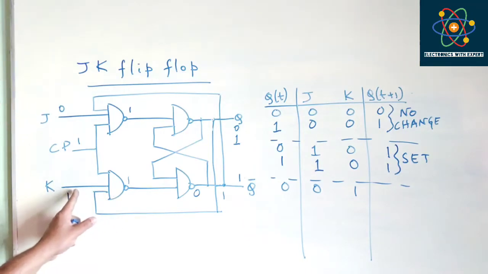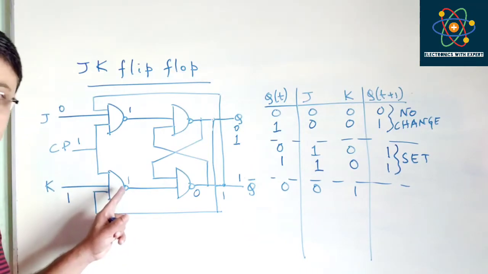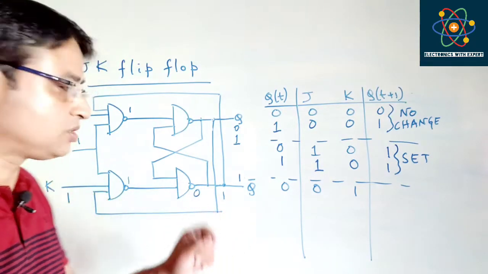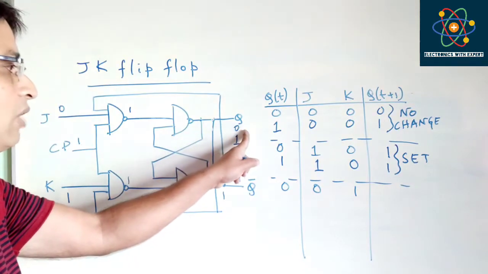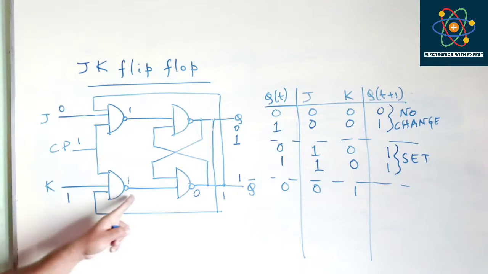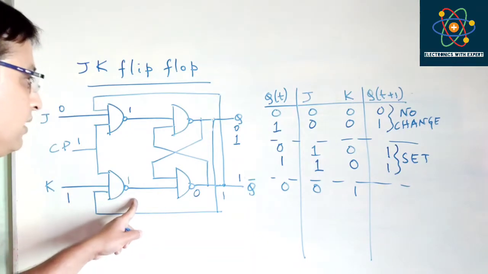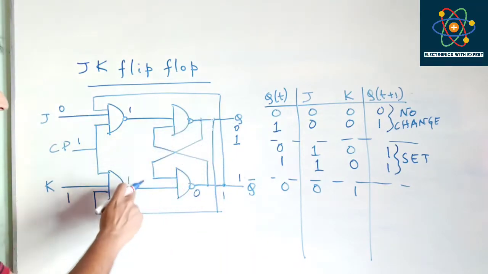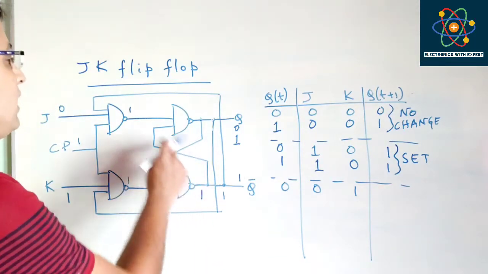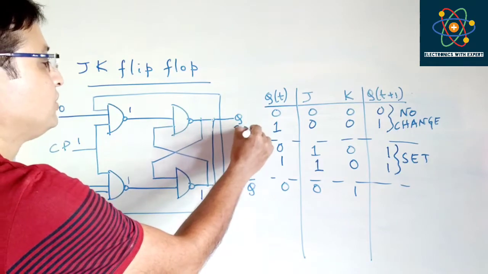One has the value of K, which equals 1. The other one is from the clock pulse, and that is also equal to 1. And since the Q output is taken as 0, this will make this NAND gate output equal to 1. So for Q=0 and this one, this NAND gate output is 1, and 1 makes this output 0.